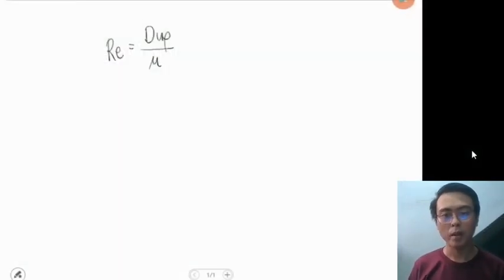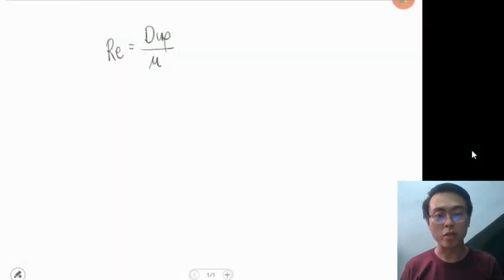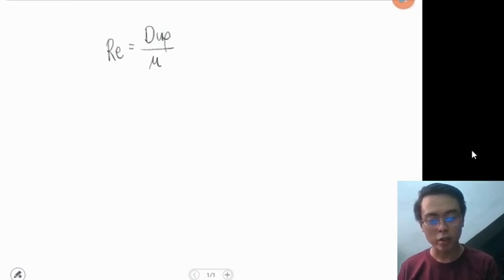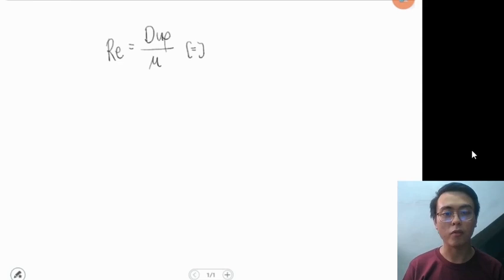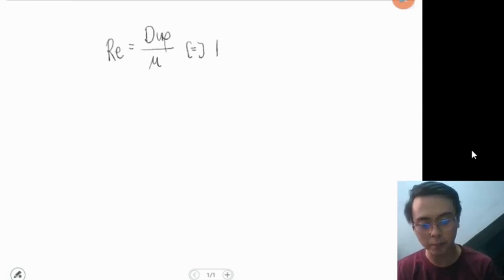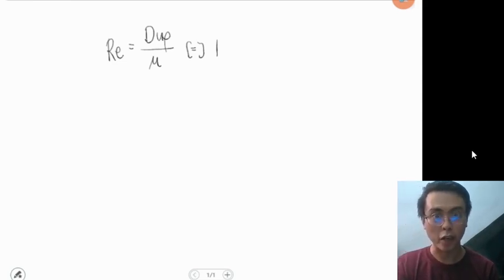Let's check if it's dimensionless. If it's really dimensionless, the ratio of the units should just return 1, or everything would cancel. The diameter is a unit of length; its base unit in SI is meters.